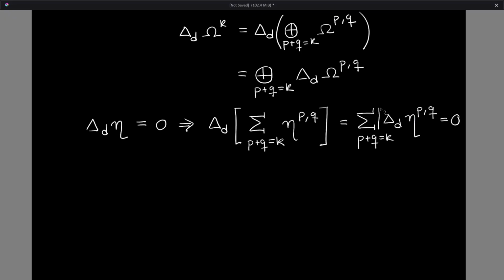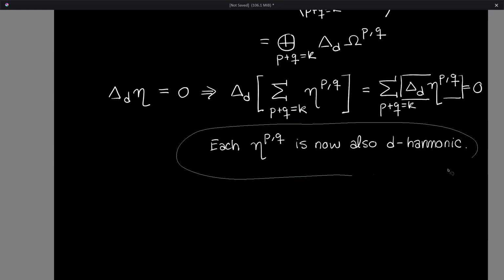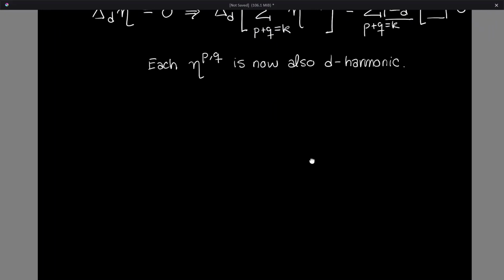But that is termwise, right? That's for each pq grading. So that means that each eta pq is now also d-harmonic. Let me center that again. Lack of centering, a common issue in this lecture series.